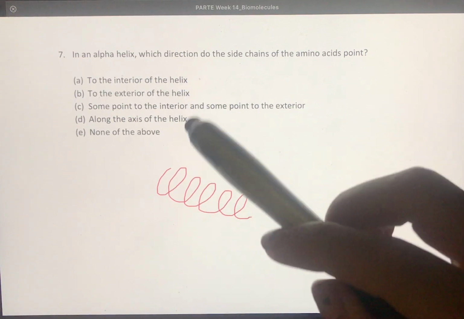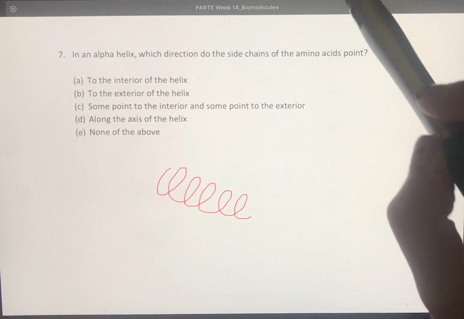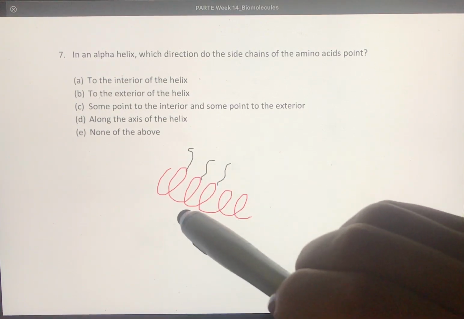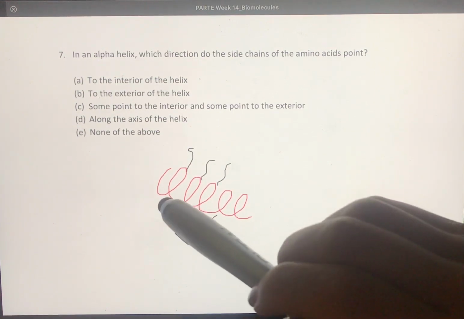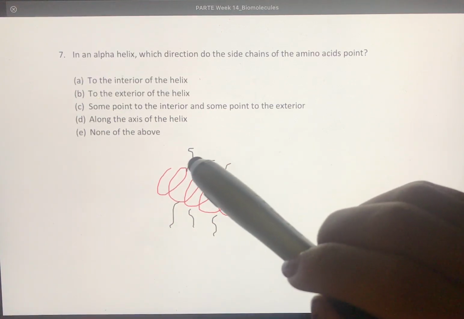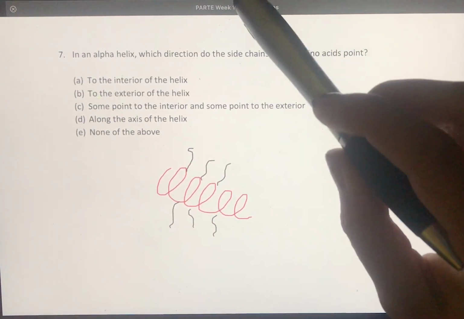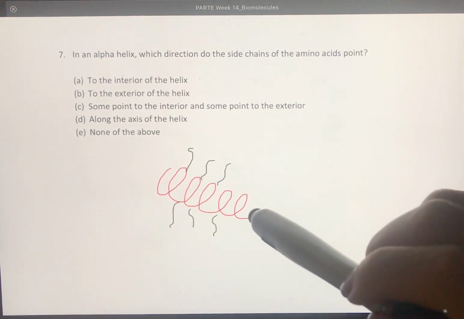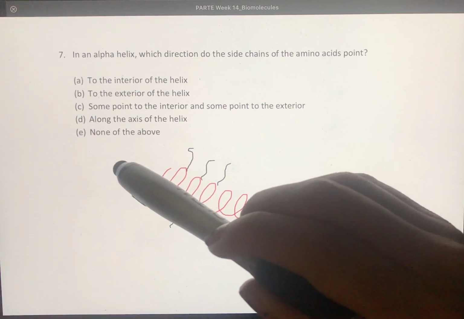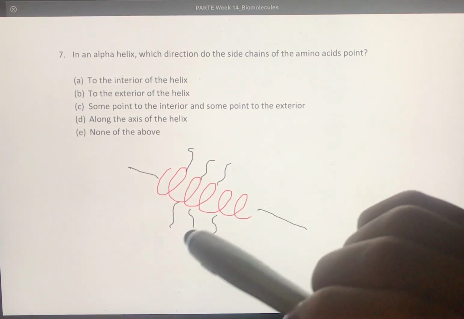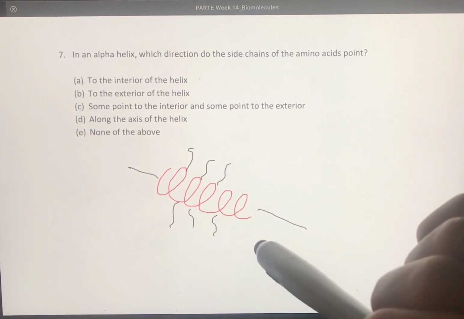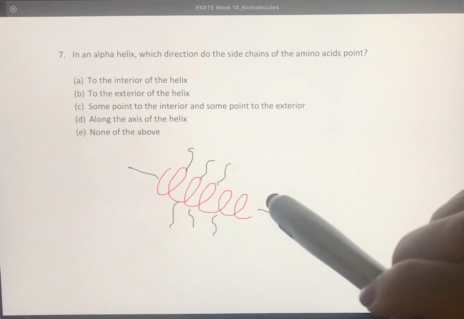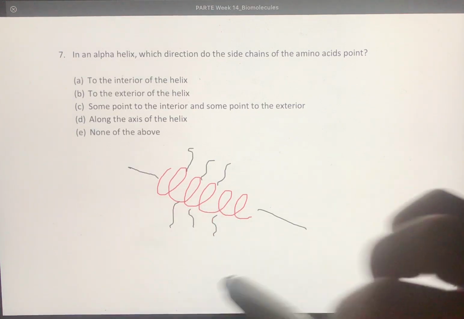So the only place that they can really go is on the outside, and they can be on both sides. And what we'll find with proteins is sometimes you might have a protein that is, let's say, in the cell membrane. And this alpha helix might have one side that's facing the water of the cell, and one side is facing the lipid membrane, so a really nonpolar environment, where this side is polar.